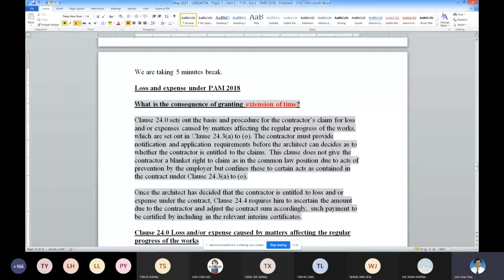Okay, so once the architect decides that the contractor is entitled to the loss and expense under the contract, that is, the events are under 24.3a to 24.3o, under clause 24, they have to evaluate it.